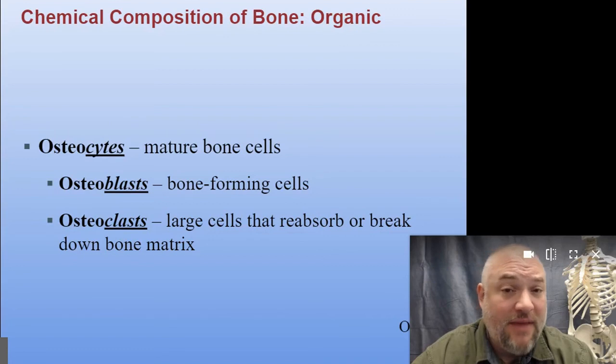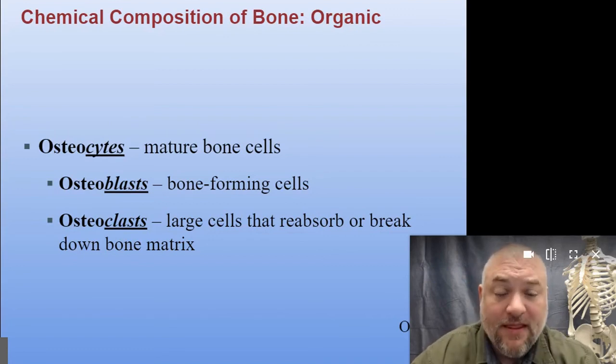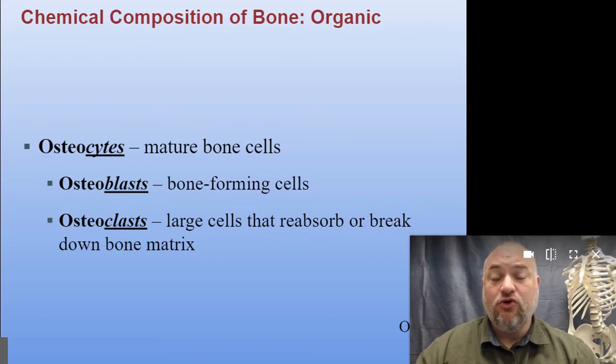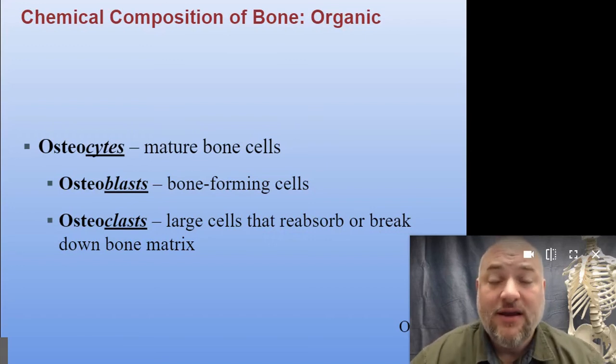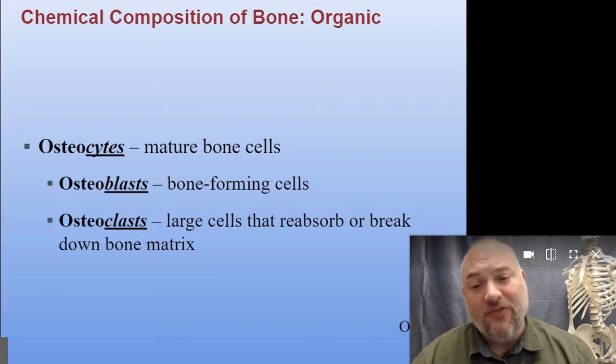And if we don't have the right balance of calcium in our blood, minute to minute throughout the day, we will die, okay, if it gets too far out of whack. So we are constantly laying down new bone when we have enough calcium in our blood, but when we don't, if we haven't been eating enough in our diet for a while, we literally start to break down our bones to pull out that calcium.